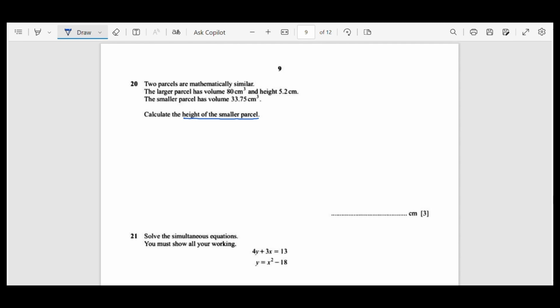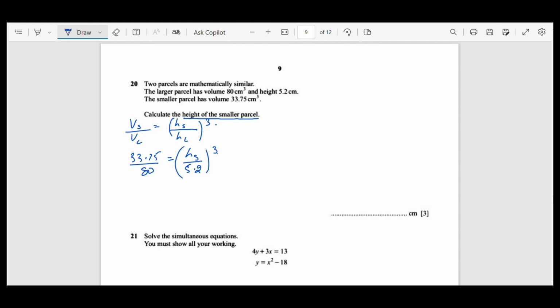So the volume of the smaller parcel over volume of the larger parcel will be equal to the height of the smaller parcel over height of the larger parcel, cubed. We will substitute all the values, that is 33.75 over 80. This will be equal to height of the smaller over 5.2, cubed.